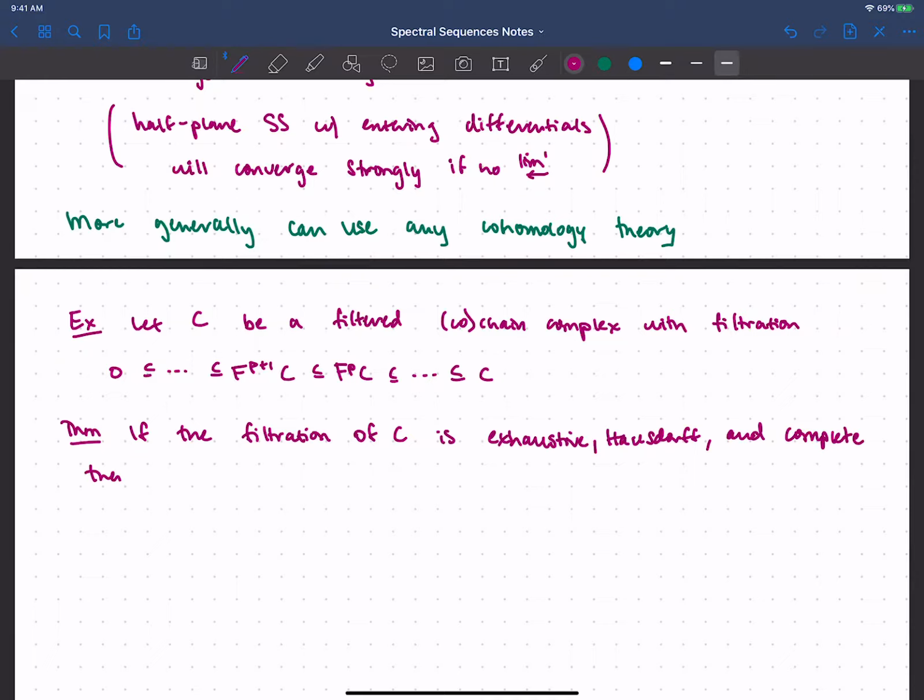Then, of course, we have a spectral sequence. And we could write E1^{p,q}. So I'm writing this cohomologically. Again, you could write the same thing homologically if it was a chain complex instead of a cochain complex. Apparently, talking about that made me want to switch mid-expression. Okay, so H^{p+q} of the filtration quotients.